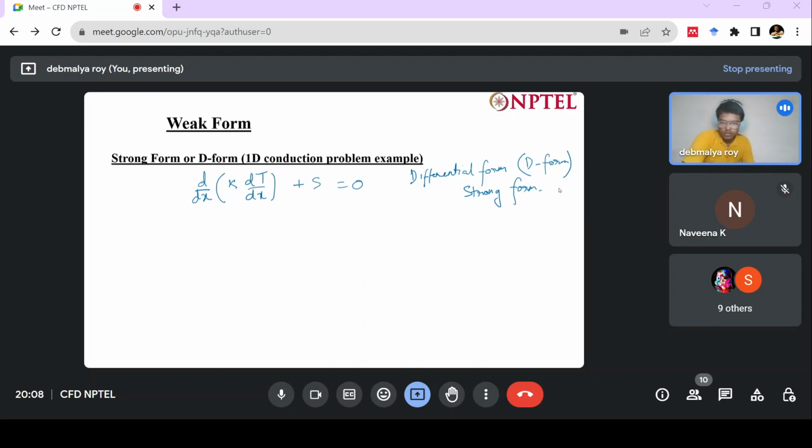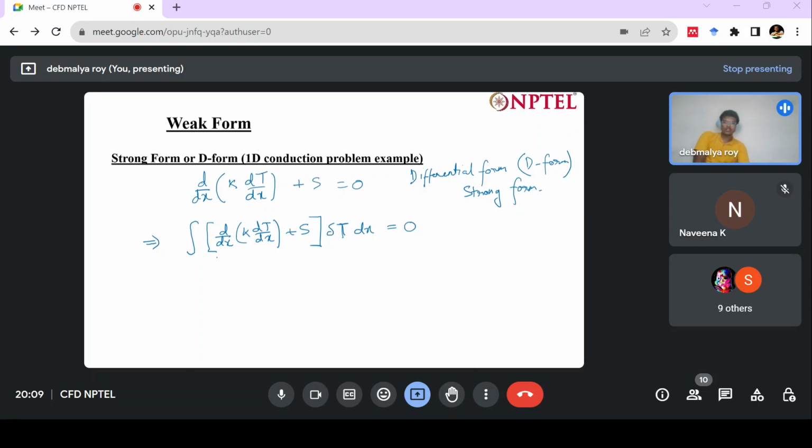The next step will be, if this is valid, we will say that this is also valid, which is true, right?